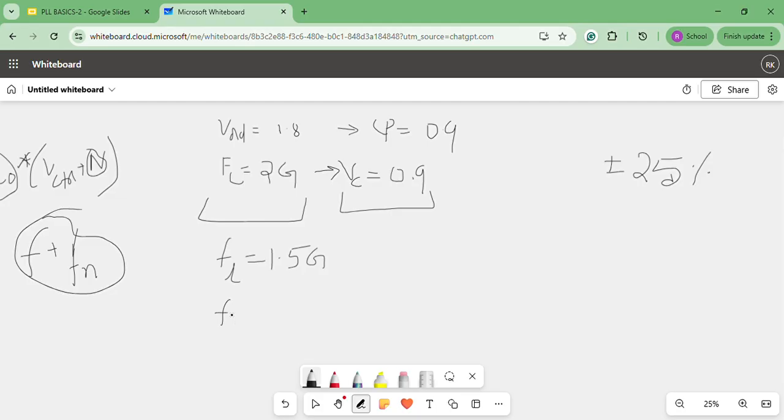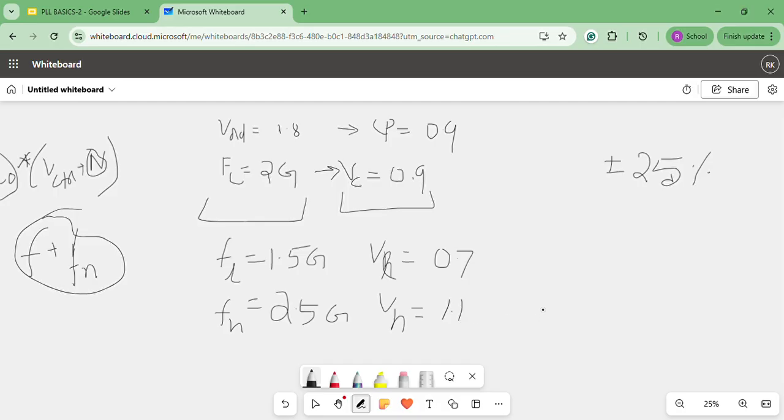Higher frequency is 2 gigahertz plus 25% of 2 gigahertz, which is 2.5 gigahertz. Similarly for voltage, our lower voltage will be 0.9 minus 25%, which is nearby 0.7, I am approximating. Again, the higher voltage will be 1.1.